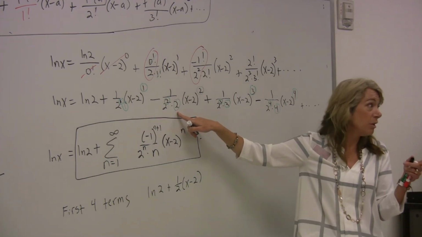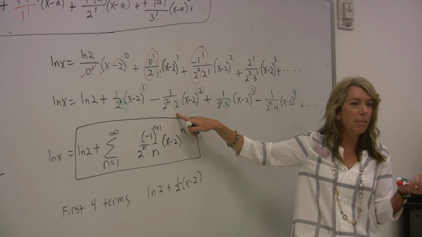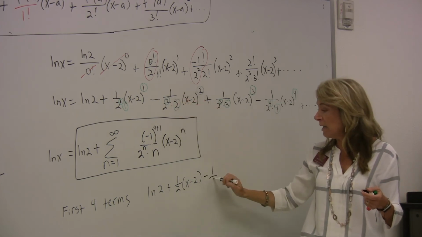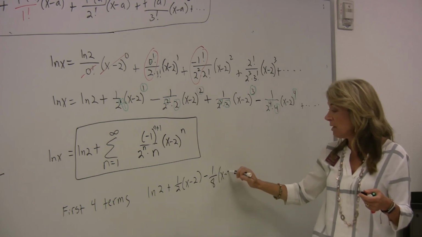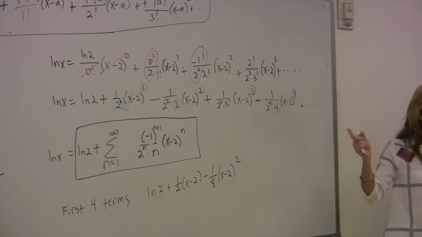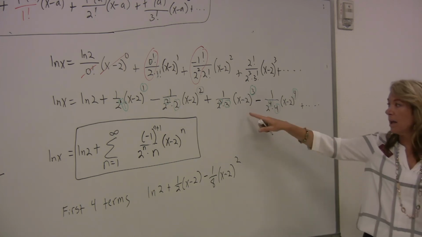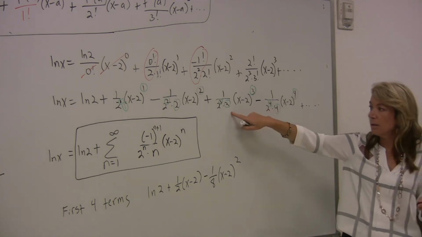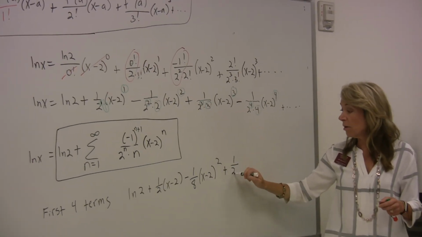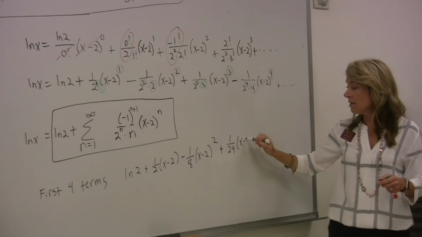So you're right, it is 2 cubed, but I didn't want to write it that way because we were looking for a pattern. But that's minus 1/8 times x minus 2 squared. I'm just simplifying each of those terms. It may or may not have a pattern. And then, which one did I leave off? This one. That's 8 times 3. 1/24 times x minus 2 cubed.